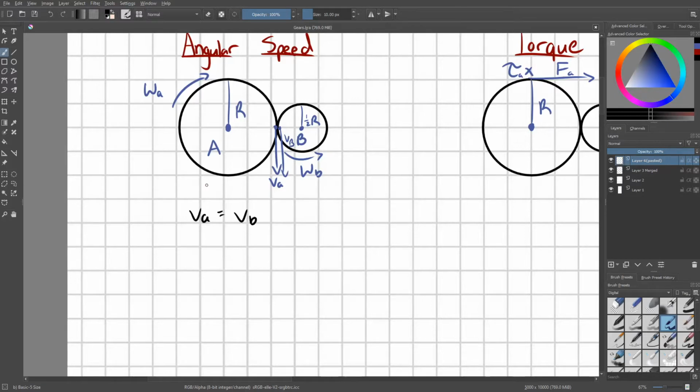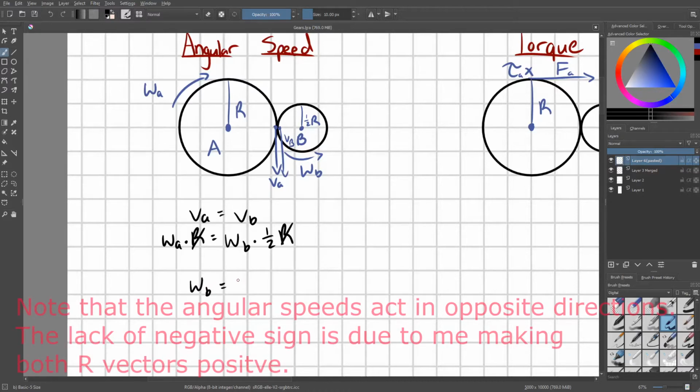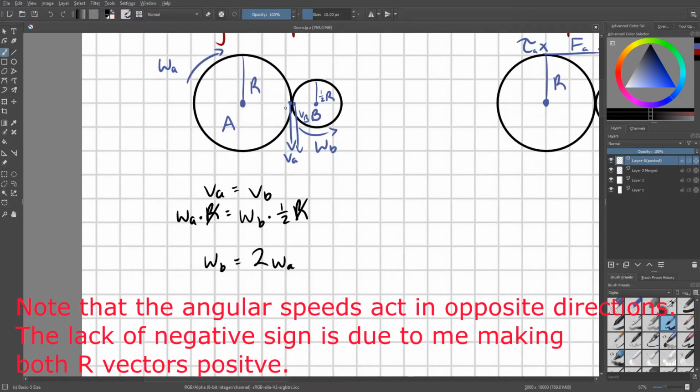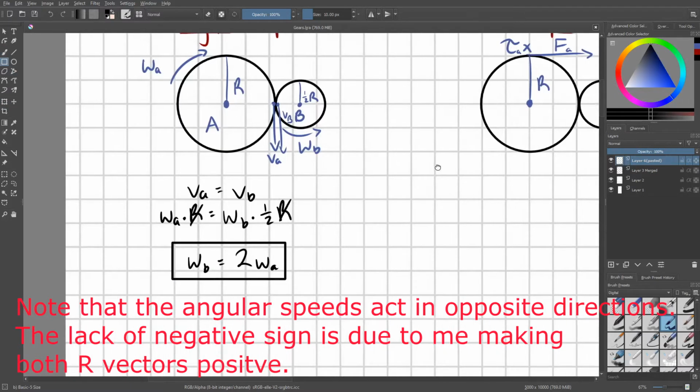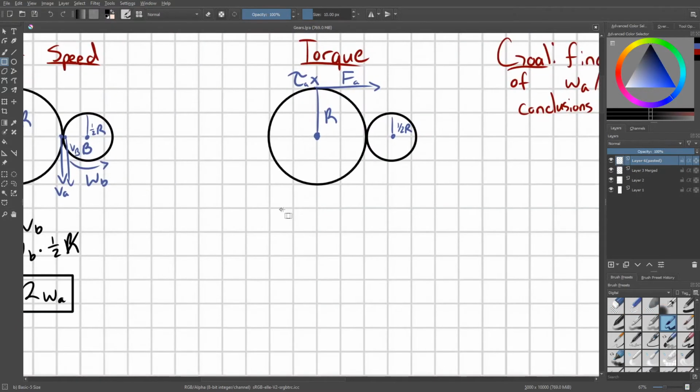We can substitute in for VA, omega A times R, and for VB, we go ahead and just substitute in omega B times 1/2 R. Our R's cancel, and we just move the 1/2 to the other side, so omega B equals 2 omega A. So nifty, when we go from a larger gear to a smaller gear, we get an increase in angular speed. There's our first conclusion.